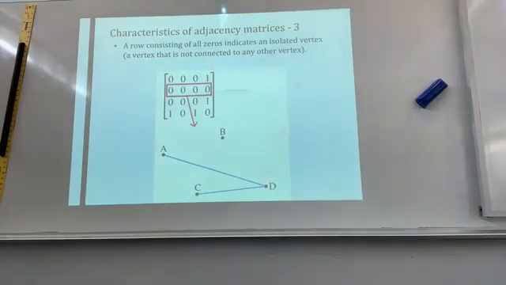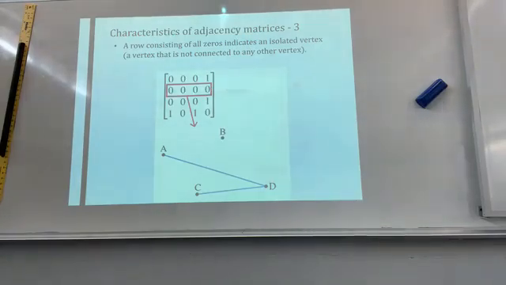The third characteristic of an adjacency matrix: a row consisting of all zeros indicates an isolated vertex. Now, this happens if it is undirected. In a directed graph, you actually do have to draw it and see what happened.